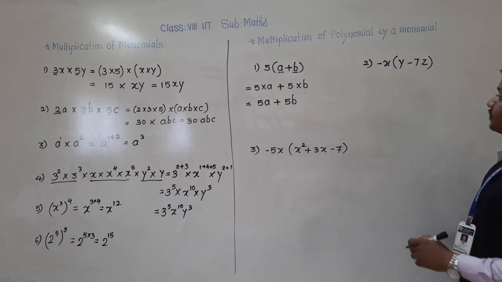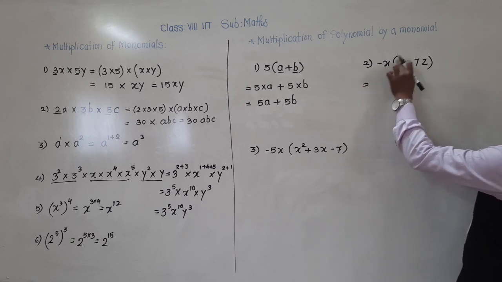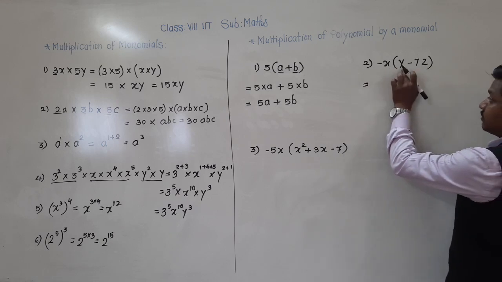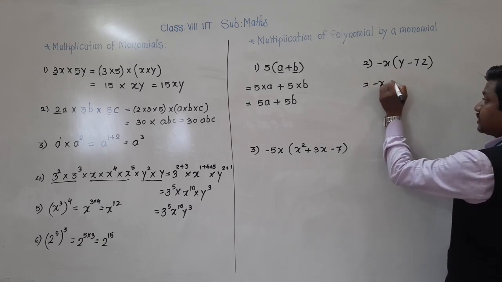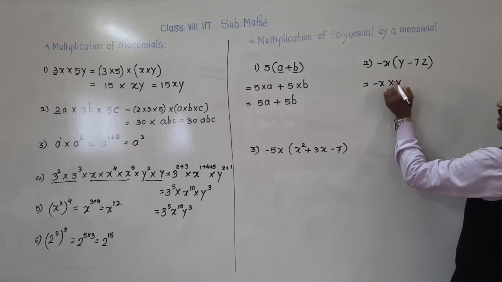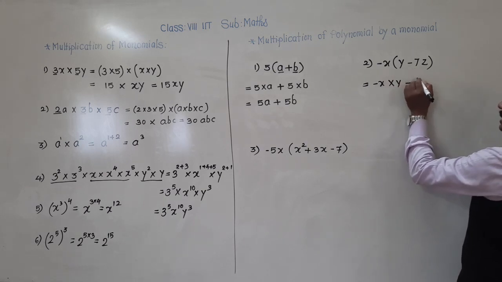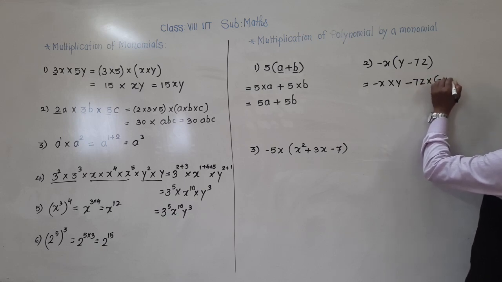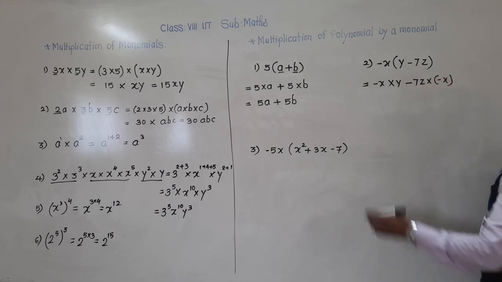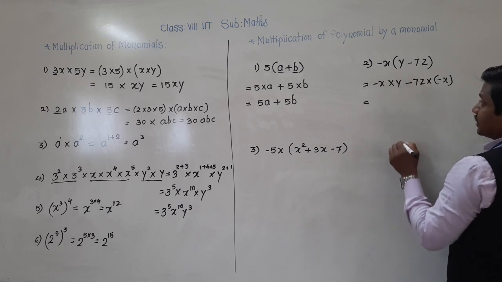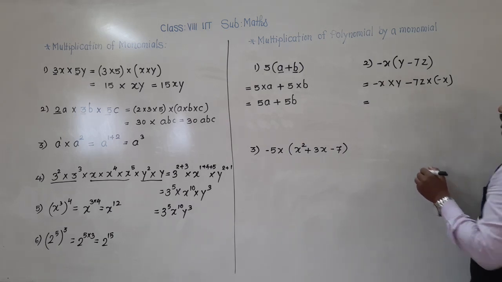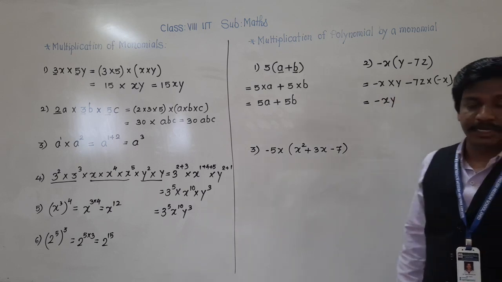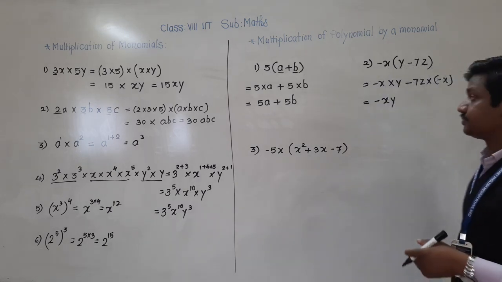In this way. Here see, minus x in bracket y minus 7z. So first we will multiply y by minus x, so minus x multiplied by y, minus, you can write here, 7z multiplied by minus x. Now minus x into y will be minus xy, you know, minus into plus is minus.